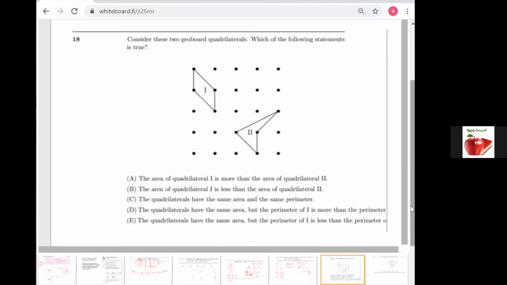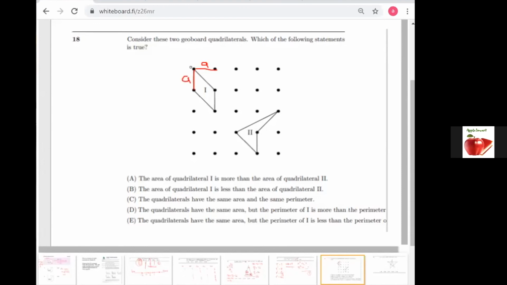But we don't know the distance between these dots, do we? So I'm going to call them equidistant. This distance, I'm going to call A, is the same as maybe this distance. I'm going to give it a variable of A. Do you agree?